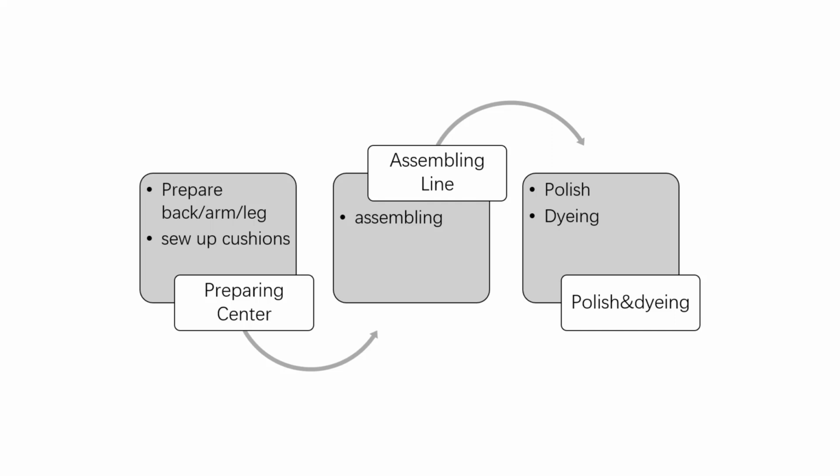In the first work center, the preparation center, we can see operations like preparing the back and the arm and the leg and sewing up the cushions. In the second work center, assembling line, the operation is that we assemble our components together. The final work center is about polish and dyeing.